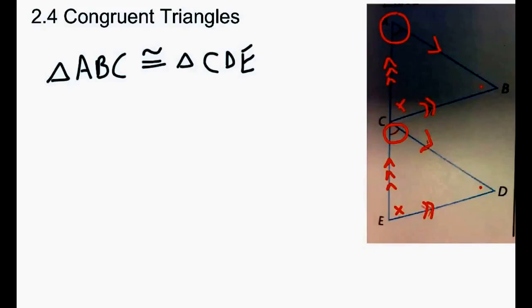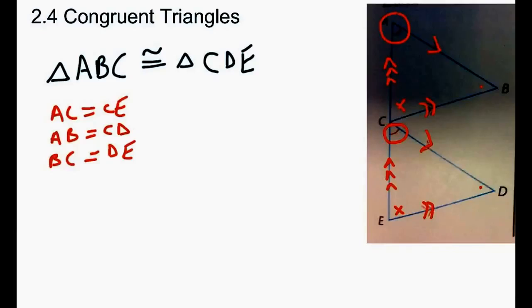So when writing this out, side AC for the first triangle is the same as CE for the second. Side AB is the same as CD, and BC is the same as DE. So all the sides are the same, plus all the angles are the same.